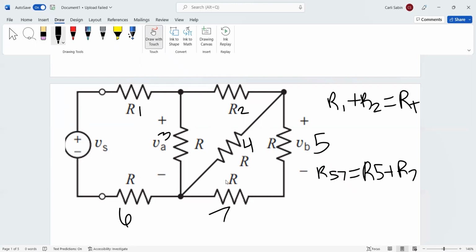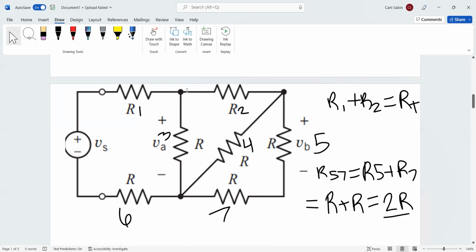So we know that both of these are just R, that is their value, so we can do R plus R, giving us that R of 5, 7 is 2R. Cool. All right, now that we have that, we've combined these. So instead of having 2 resistors here, it's just going to be 1 resistor going across.